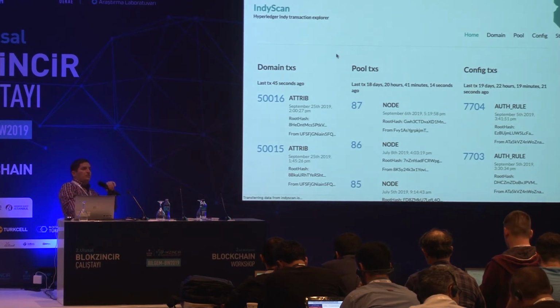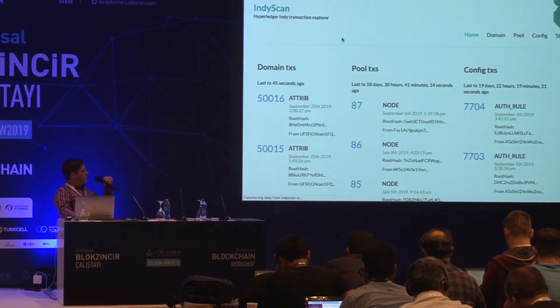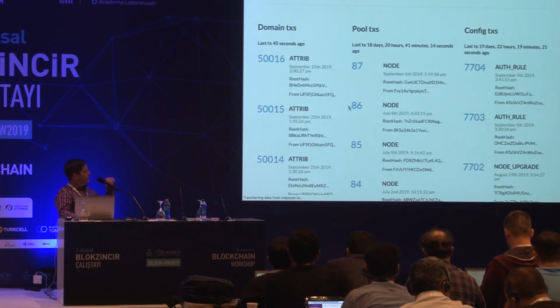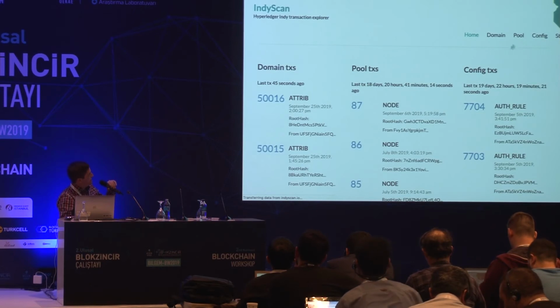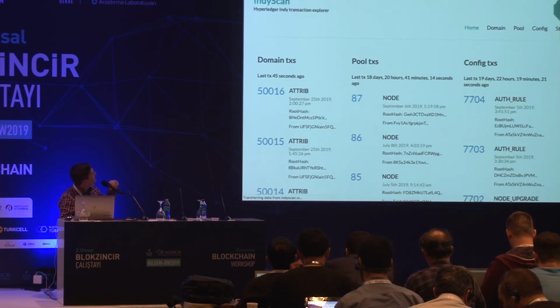So if you ever want to see what's already on Indy, you can go take a look at this. This is a free tool. It'll tell you how many nodes there are. It'll tell you different types of transactions.